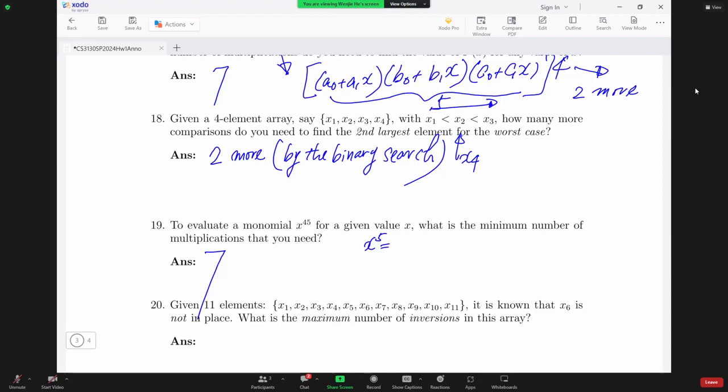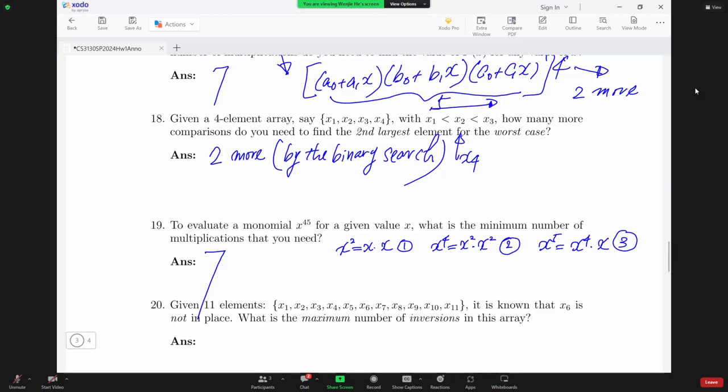We do x to the 5th this way. x squared equals x times x. That's the first multiplication. Then x to the 4th equals x squared times x squared. That's the second multiplication. Then x to the 5th equals x to the 4 times x. That's the third multiplication. So 3 multiplications to get x to the 5th.